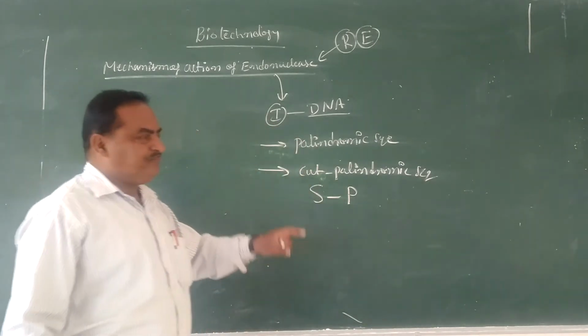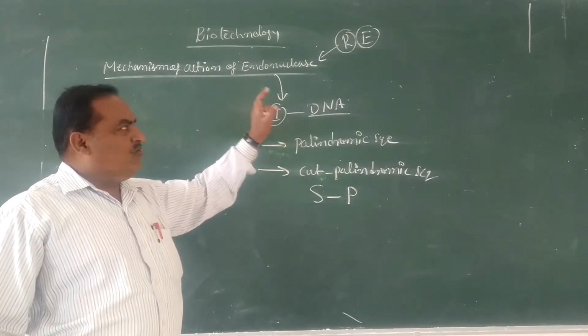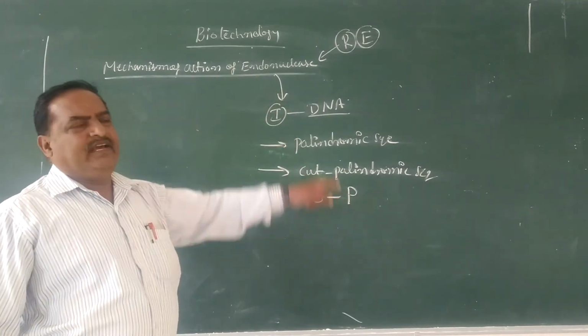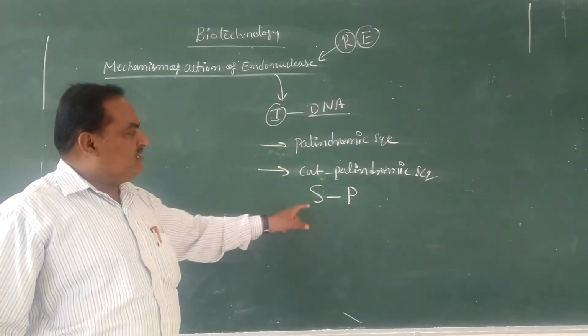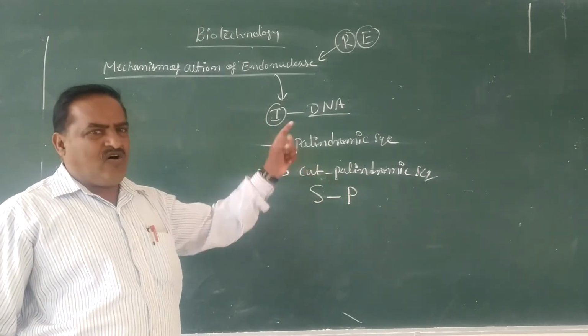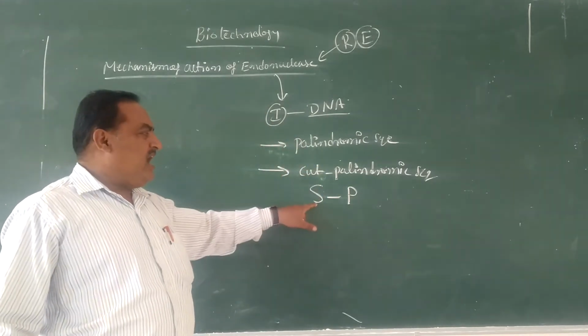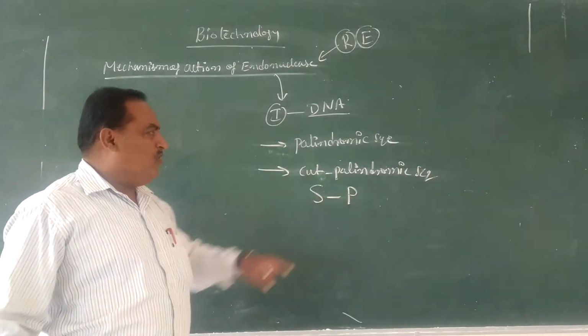This is the first characteristic of endonuclease: it inspects the entire DNA, identifies palindromic sequences, and then cuts them in both the strands at the sugar phosphate backbone.